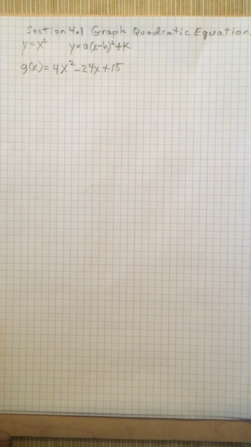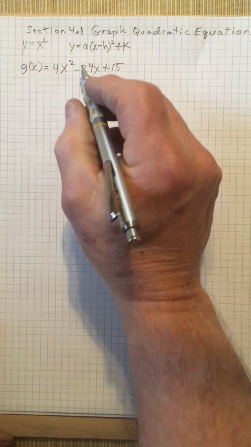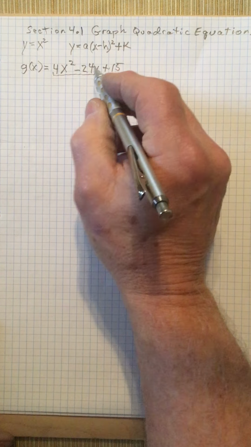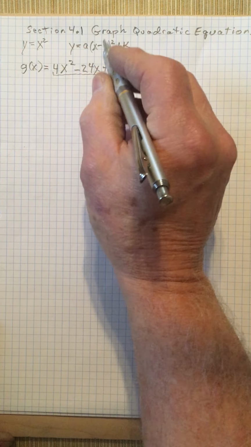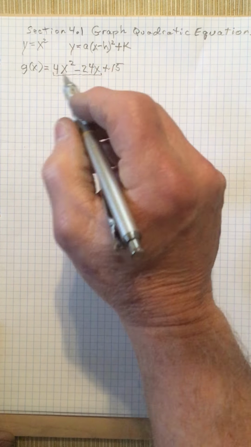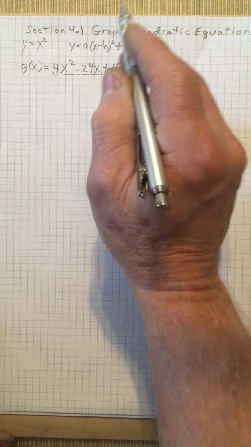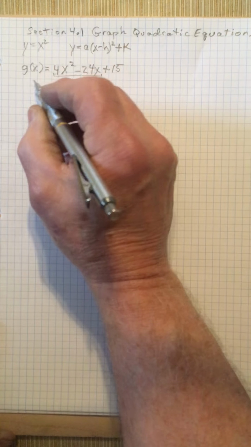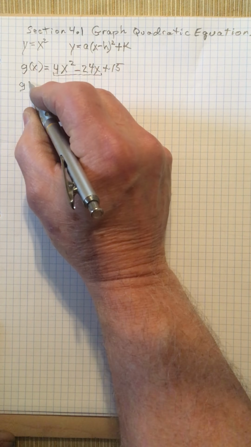This is a pretty good example. What we need to do here is complete the square right here and turn this into a perfect square. And again, when we complete the square, we just want a 1 here. So the first thing we want to do is factor a 4 out of here. So let's look at that.